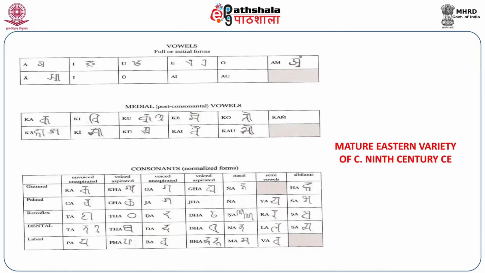From the 8th century onwards, the Siddhamatrika had this second stage of development, which is manifested in this normalized structure of the script in the 9th century CE. These are the most frequently found ligatures and consonantal conjuncts found in the mature Siddhamatrika script of Middle Ganga Valley and Eastern India.